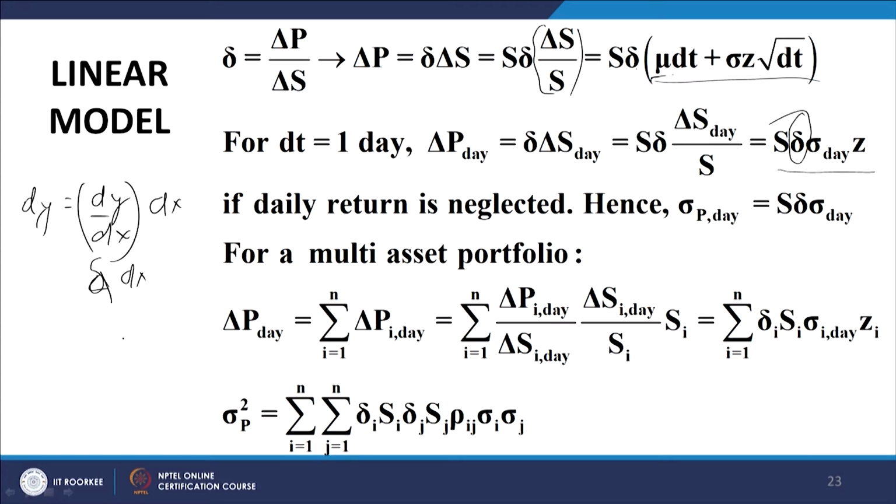This is again elementary, the same thing happening here, because we have different ZIs corresponding to different portfolio values. Therefore, we have to introduce this expression rho ij, and delta i, delta j represents the various constituents of the portfolio.